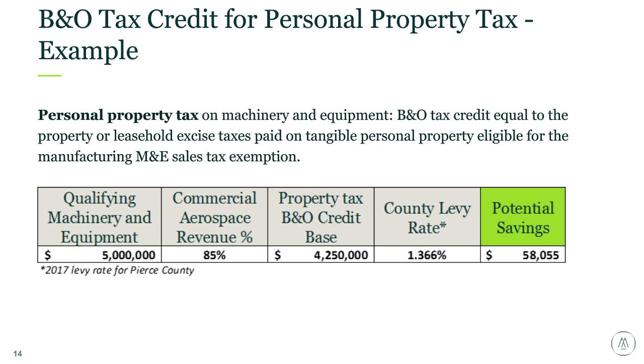And so you may have all this machinery and equipment sitting on your property tax report that is pretty old, and you would think it would be completely depreciated off of that, but you're paying a lot of property tax on that, especially in King County.